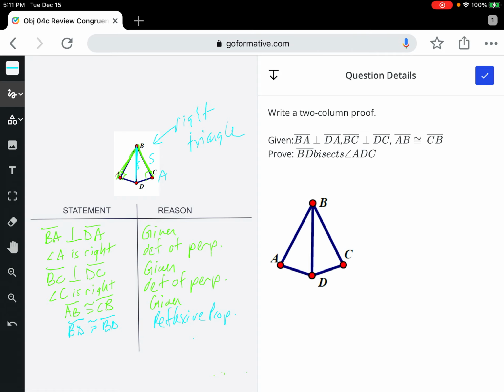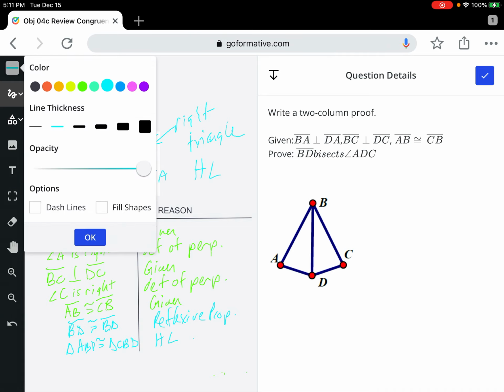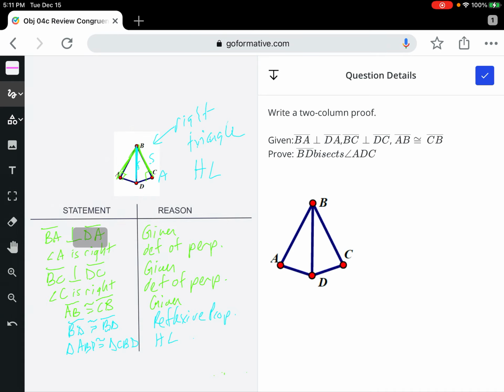Okay, the reason why right triangles are special is because this is not angle side side, this is hypotenuse leg. So I can say triangle ABD is congruent to triangle CBD by hypotenuse leg theorem.